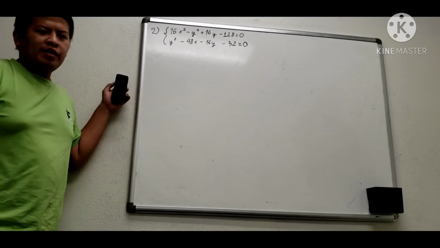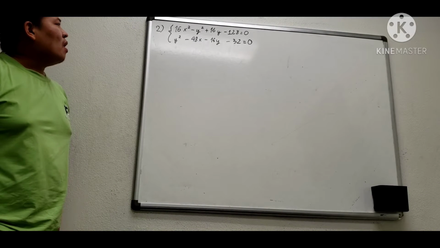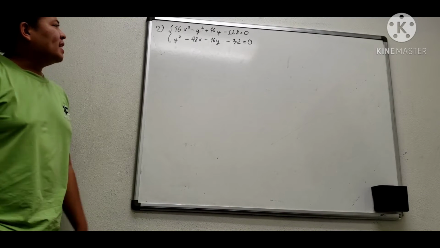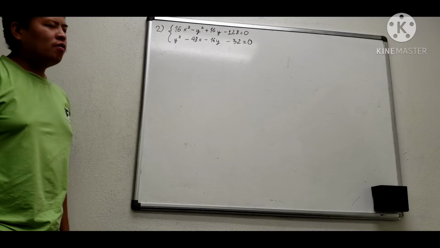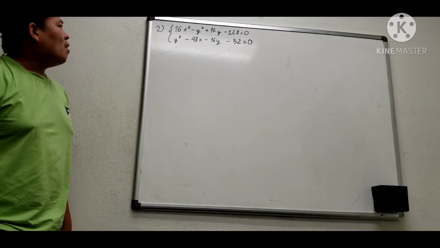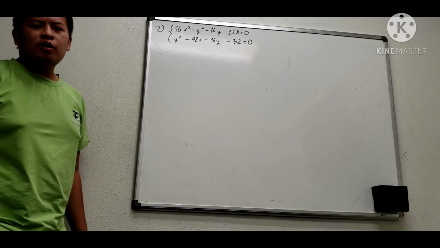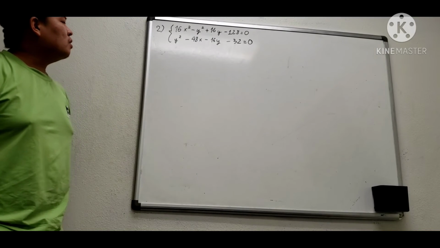So for question number 2, we have 16x power 2 minus y power 2 plus 16y minus 128, and the next equation is y power 2 minus 48x minus 16y minus 32 equals 0.